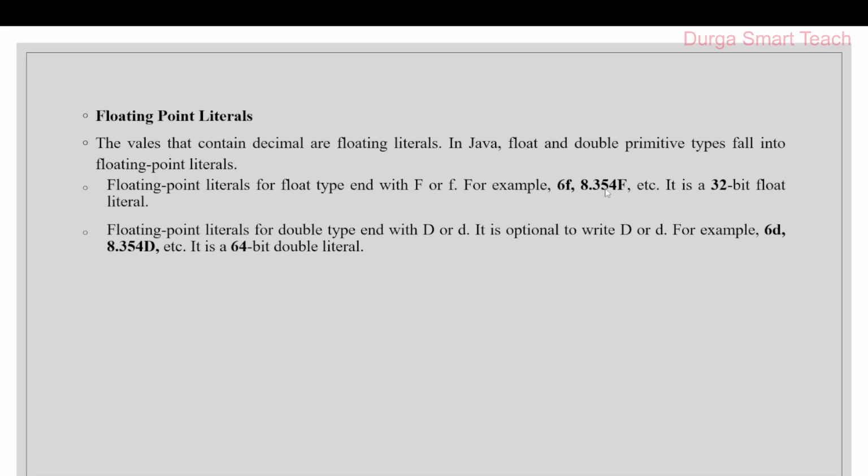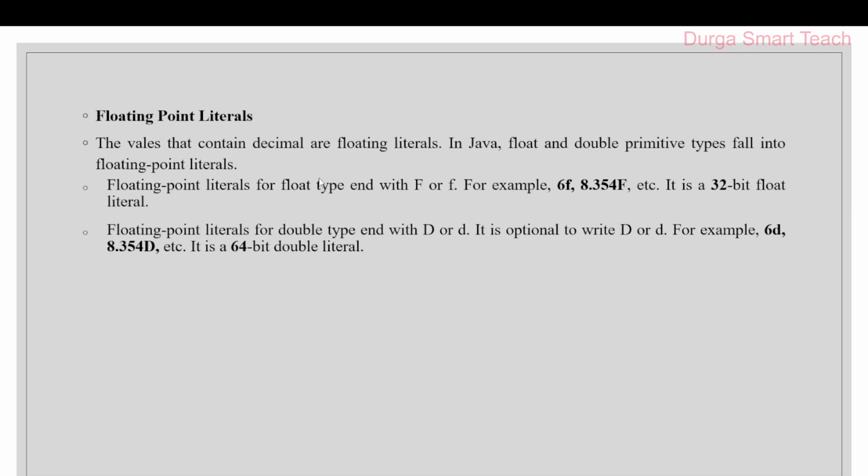We need to include f for floating point numbers, like 6f. If we give, for example, float f = 6f, internally it will store 6.0. Why? Because you mentioned float, and float means compulsorily it contains precision. The next one, 8.354f, is also one example.